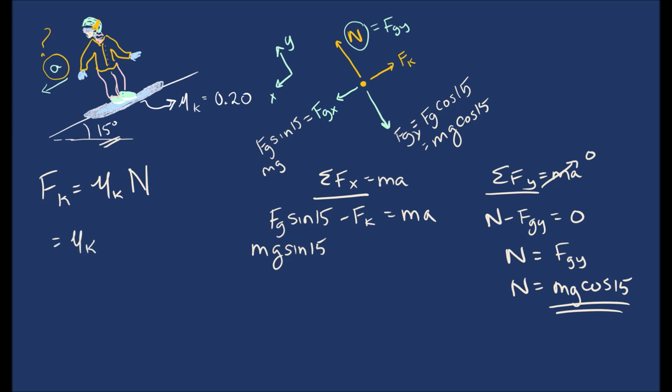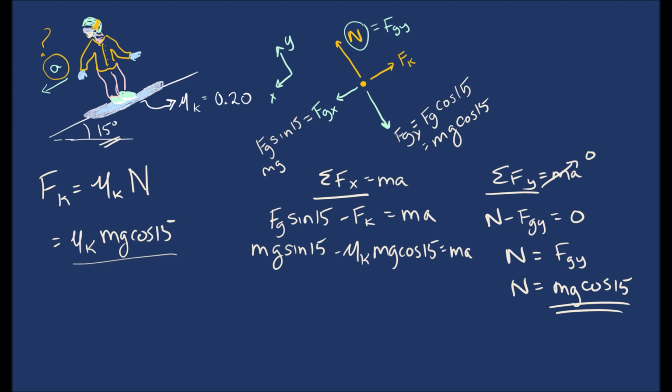So mu k mg cosine 15. And we're not sure of the mass, but it's looking like all of these terms are going to have the mass in it. So I think we're going to be lucky that those masses are going to cancel out. Okay, so let's plug in for force of kinetic friction this. So we have minus mu k mg cosine 15 equals ma.